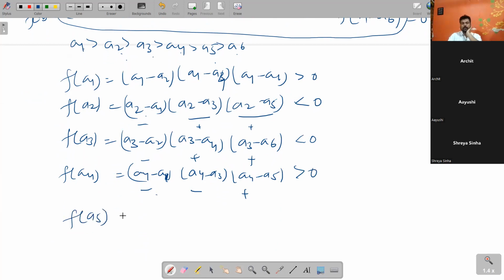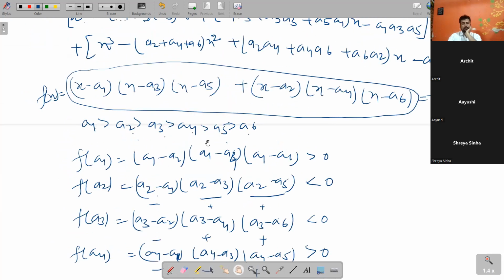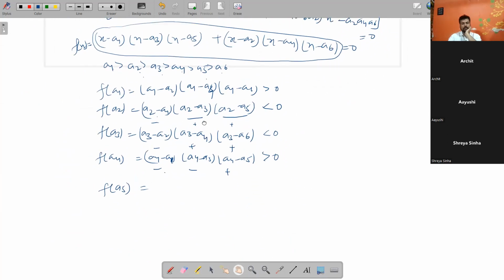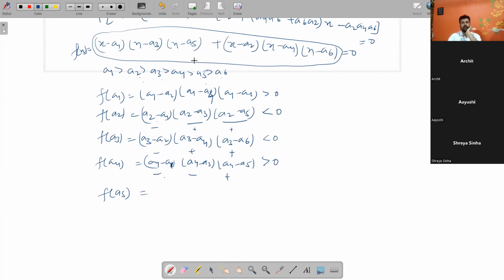F of A5 means this term will be 0, A5 minus A5. So we'll have this term: A5 minus A2, and then A5 minus A4, A5 minus A6. A5 is smaller than A2, so this is negative.